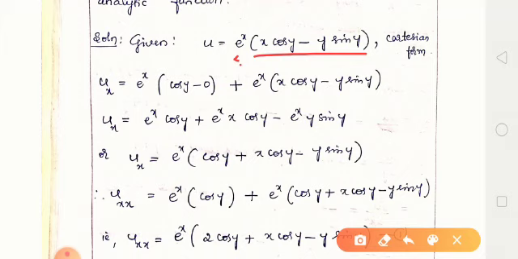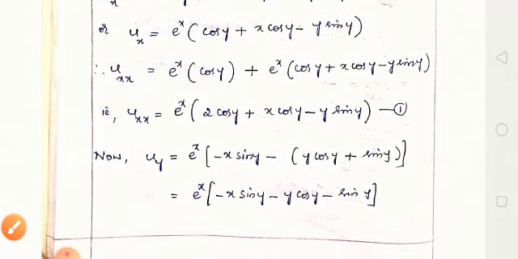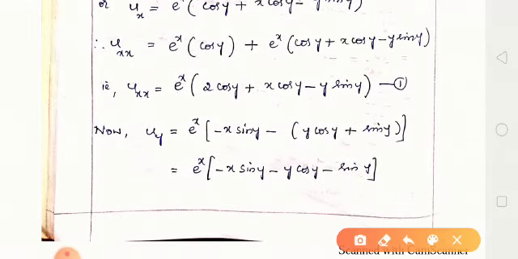At the same time, here we have y sin y, so while differentiating with respect to y we have to apply the product rule. So the partial derivative of u with respect to y is e^x into minus x sin y minus of y cos y plus sin y. This is by applying the product rule for the second term.